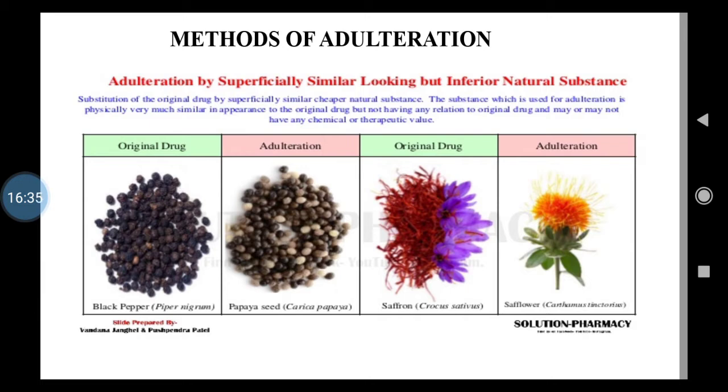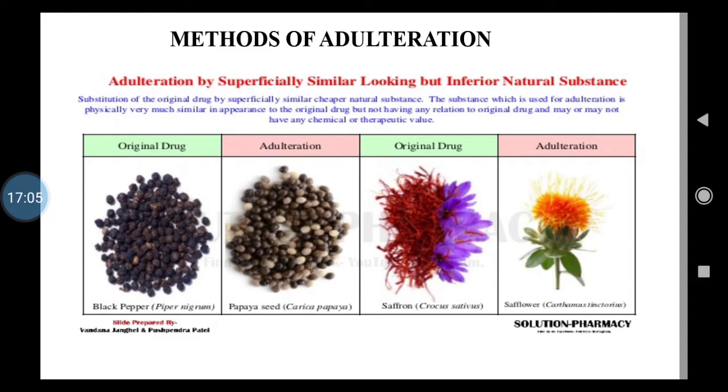So here are the common examples. Again, we can take the example of clove, where the quality may get affected due to climatic conditions. Then the other example is black pepper, a carminative drug, Kalimiri.